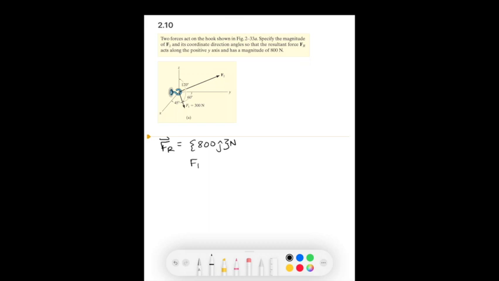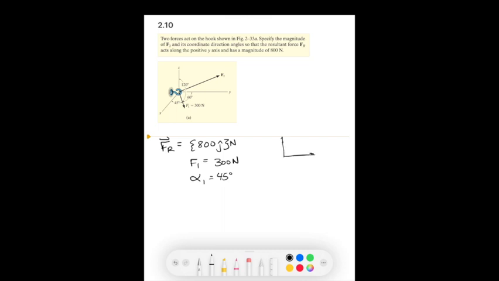And we know that F1 has a magnitude of 300 newtons. And we're also given some information about the direction of F1. So we see that alpha, the angle from the x-axis for that force 1, is equal to 45 degrees.